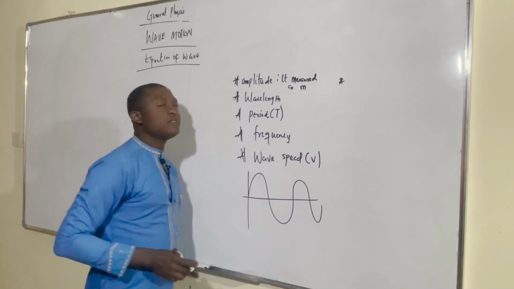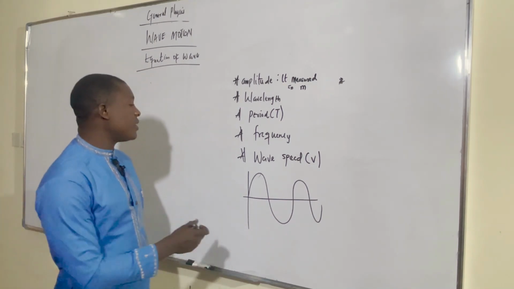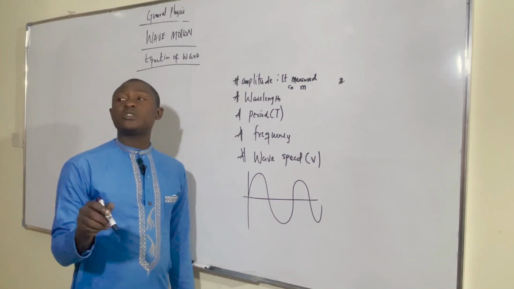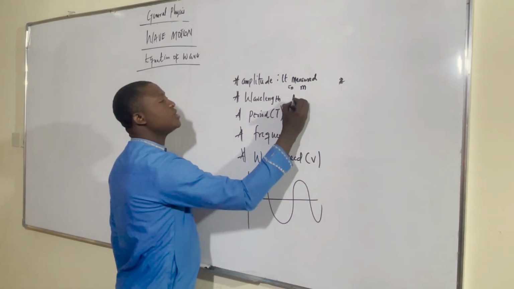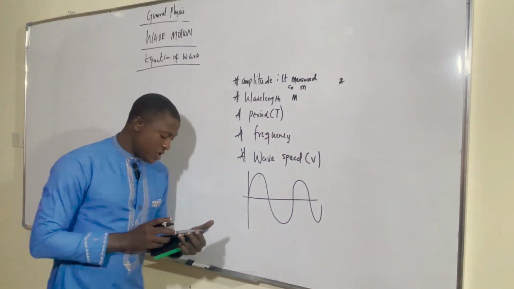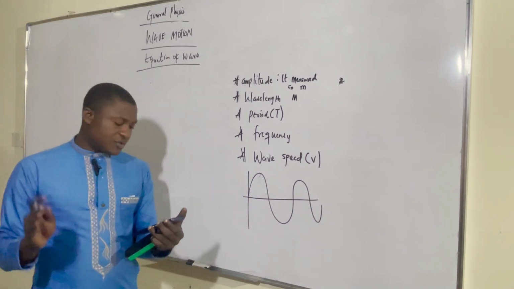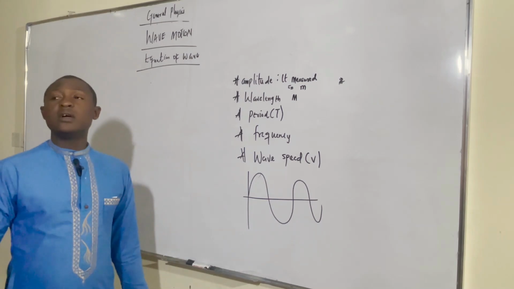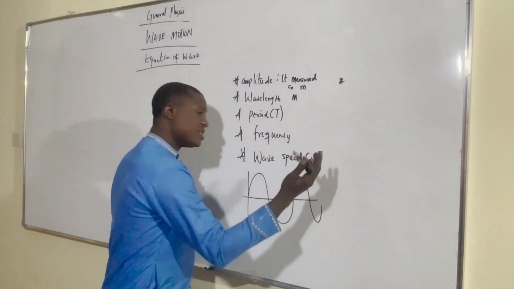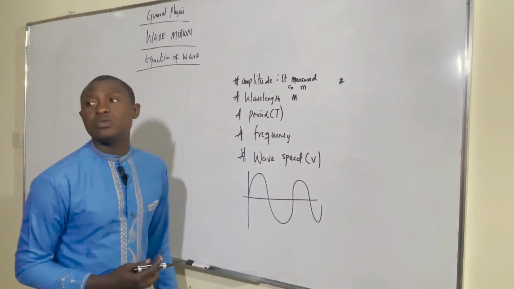Then the other one we have is the wavelength. I've explained that one as well. That is the distance between two successive crests or troughs that are in phase, and that one is also measured in meters. The other one we have is the period, which is the time taken by a particle of a wave to perform one complete oscillation, just like the time for a wave to travel from one point to another.